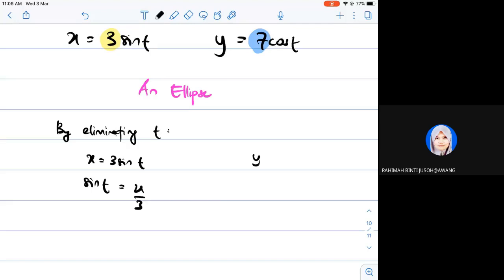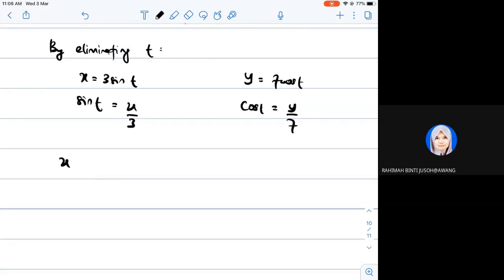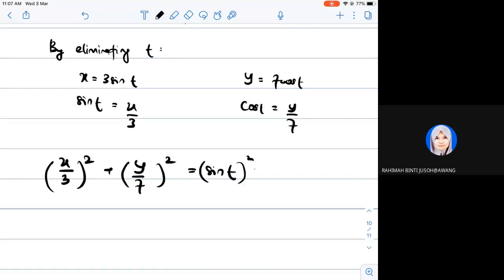Y pula, y equals 7 cos t, so cos t equals y over 7. Okay, so now again the same method, x over 3 kuasa 2 plus y over 7 kuasa 2 equals sin squared t plus cos squared t.